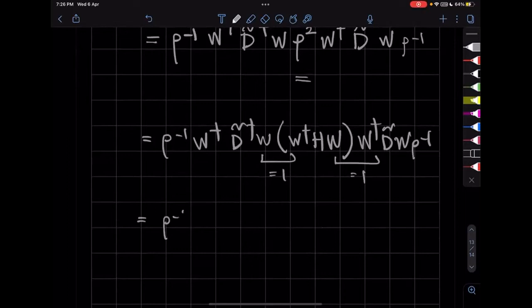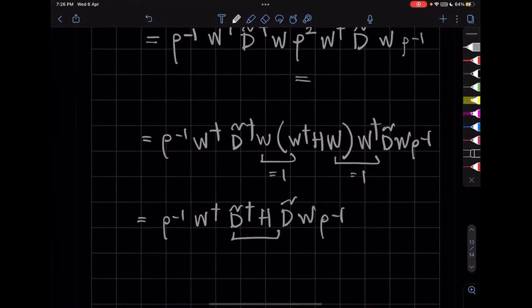So we have rho inverse W dagger D tilde dagger H D tilde W rho inverse.